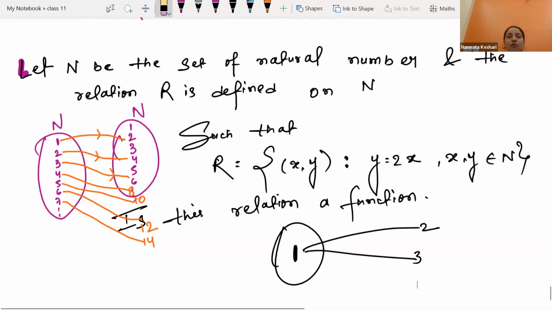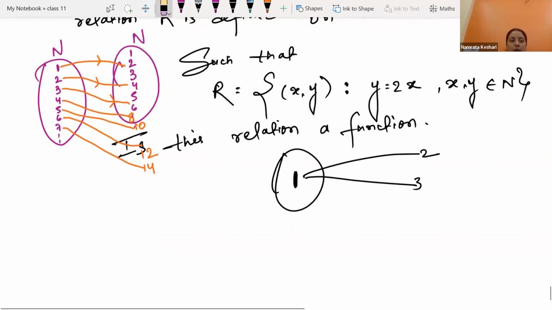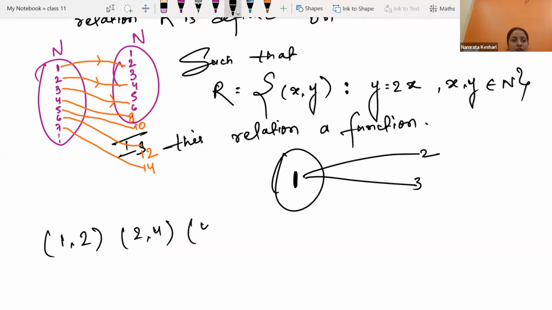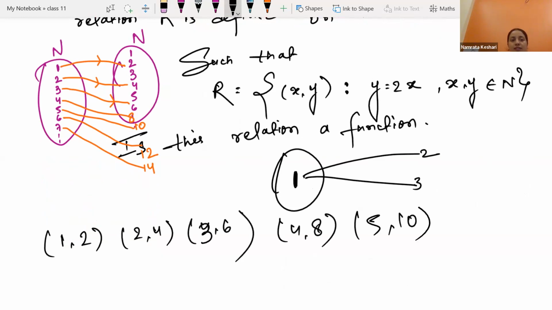So the ordered pairs are 1 comma 2, 2 comma 4, 3 comma 6, 4 comma 8, 5 comma 10, 6 comma 12, 7 comma 14. We can clearly see that no two ordered pairs have the same first element. So yes, this relation is a function.